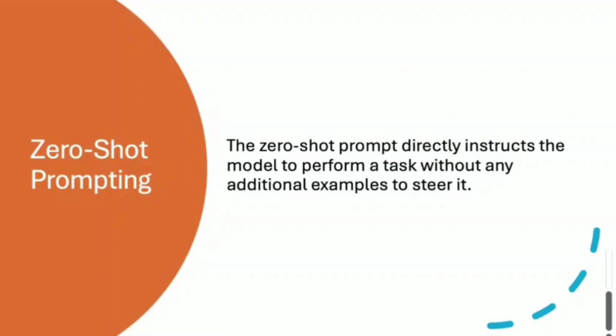Zero shot in that you write a prompt, you supply sufficient information so that the LLM is able to answer in a single query. In a single prompt, it's able to answer. That is called zero shot prompting.